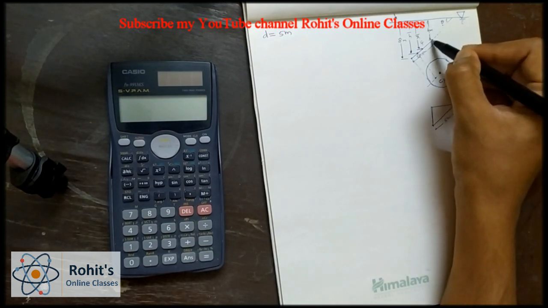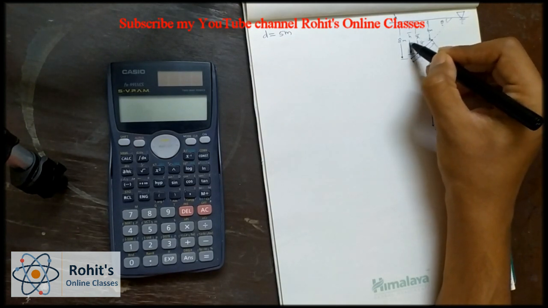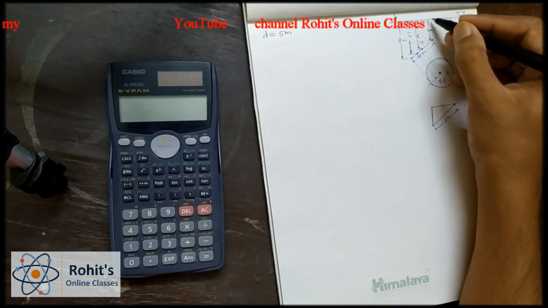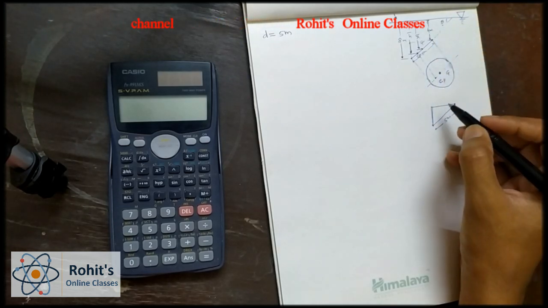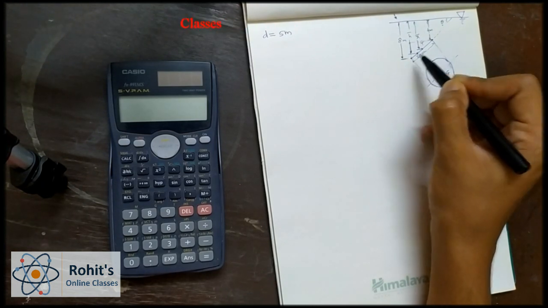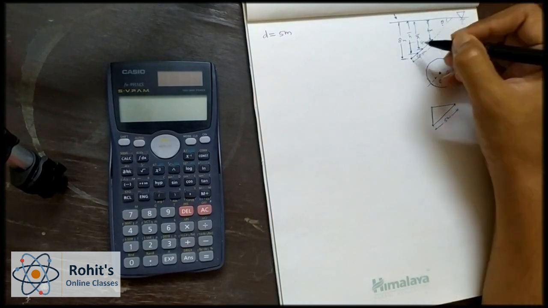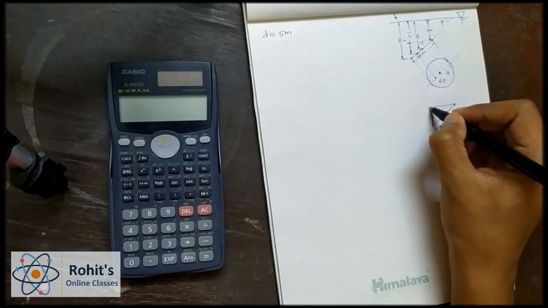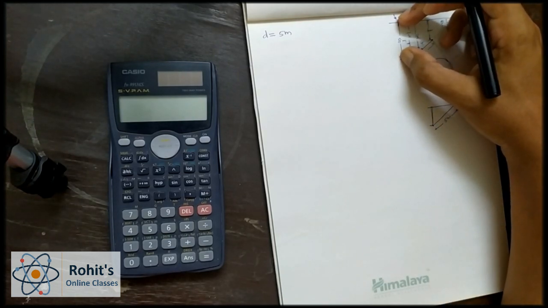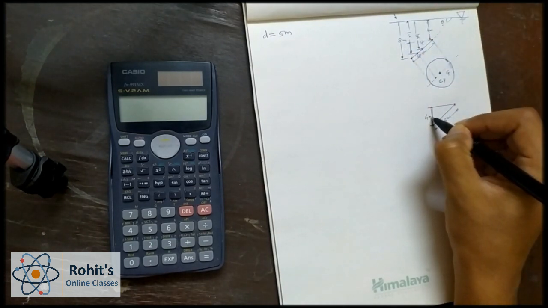If I project this point, from this point up to the free surface of liquid it is 4 meters, and the total depth from this point up to the free surface of water is 8 meters. So how much will be this side of the triangle? This complete depth is 8 meters, and subtracting this 4 meters from this 8 meters, we get this side as 4 meters, correct?